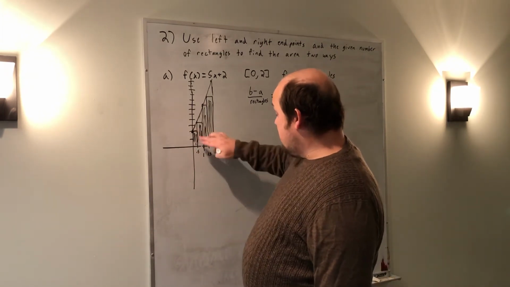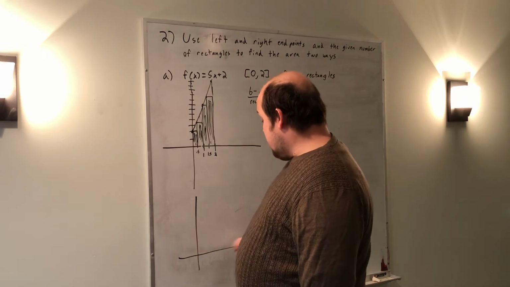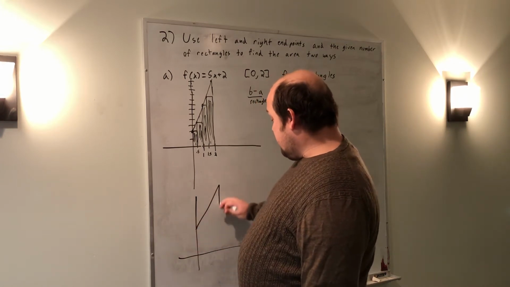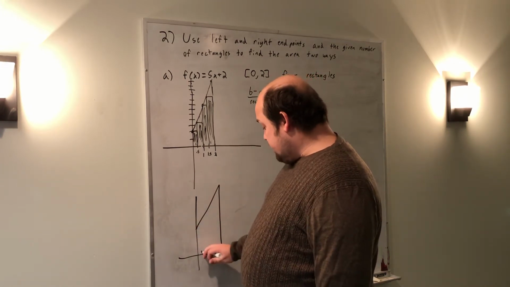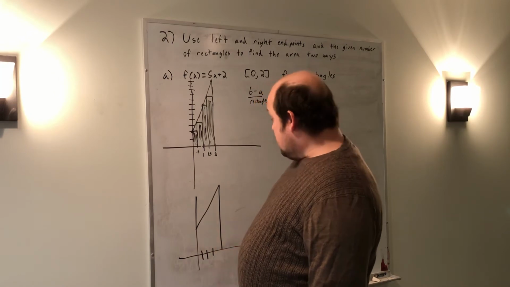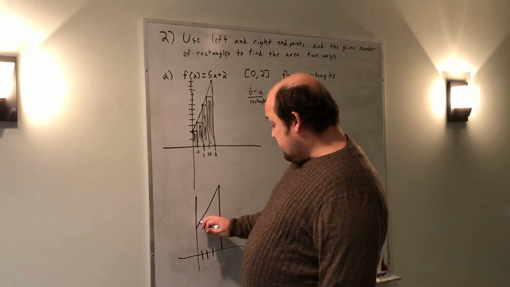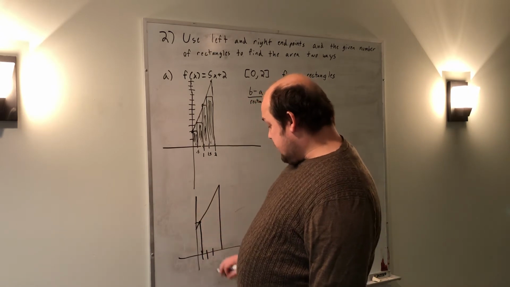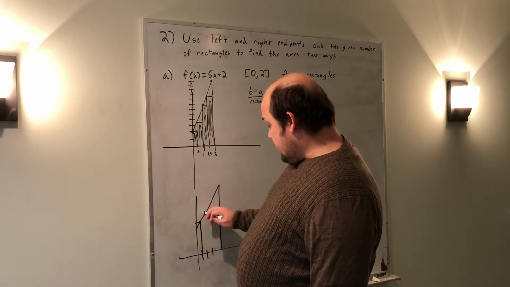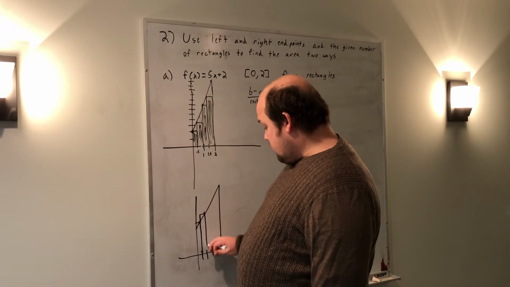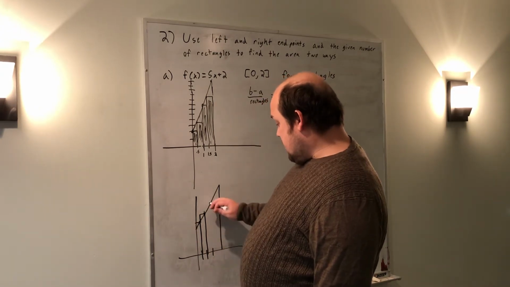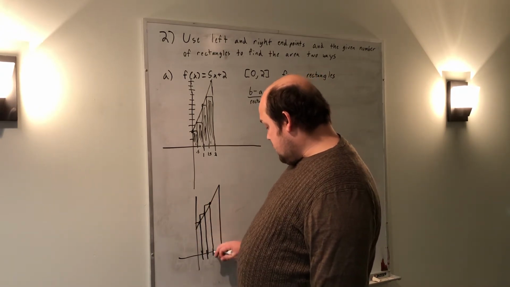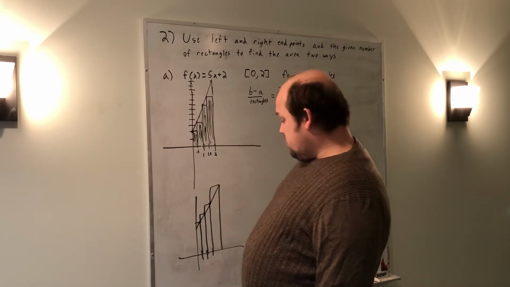If instead I looked at it as being right-sided rectangles, I have the same general setup. The difference would be here at 0.5, I would start with the right side and draw my rectangle like this. Here at 1, I'd start with the right side, draw my rectangle like this. At 1.5, and then finally at 2.